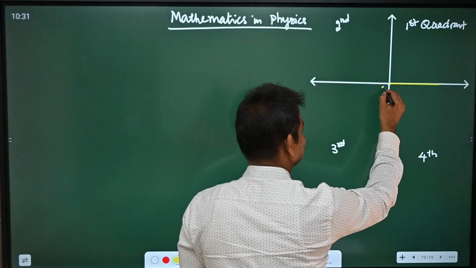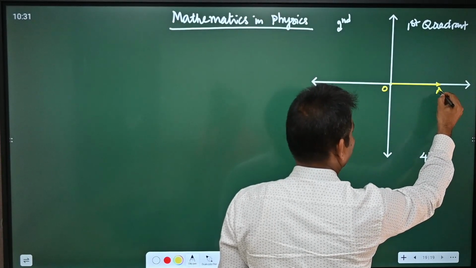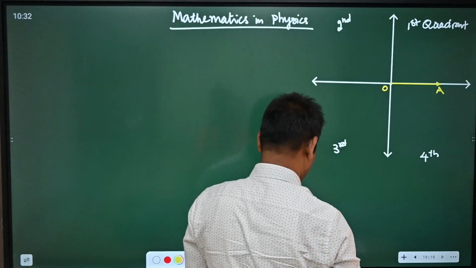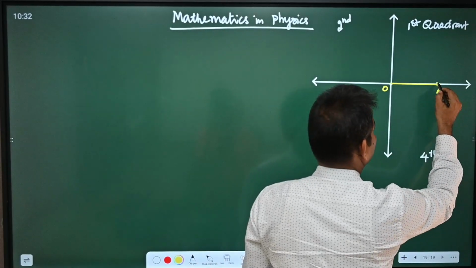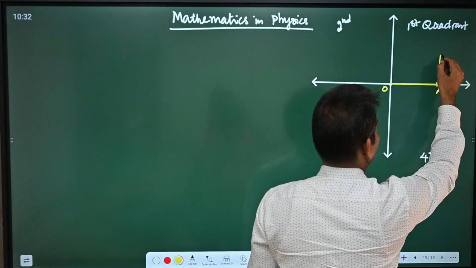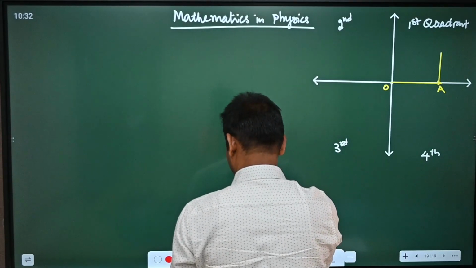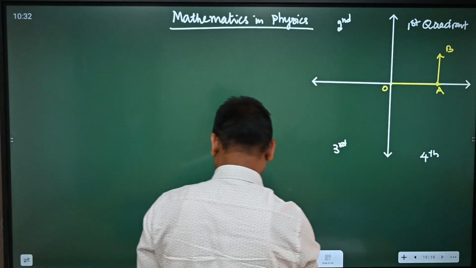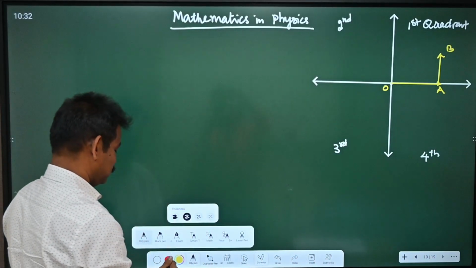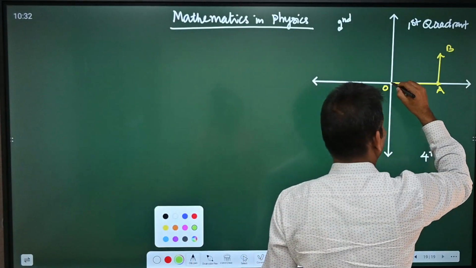So we can write this as O. Let us say this is A, and from here, if you take another line, it can be written as B. Now, the hypotenuse will be like this.